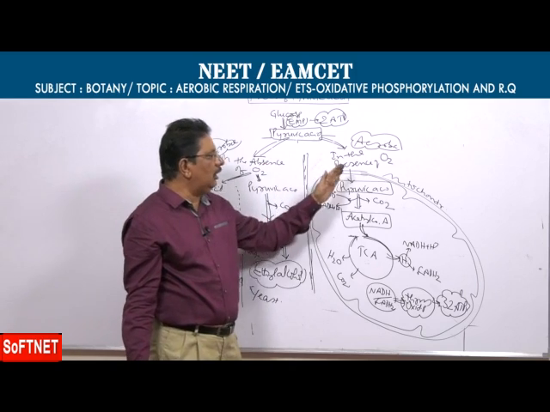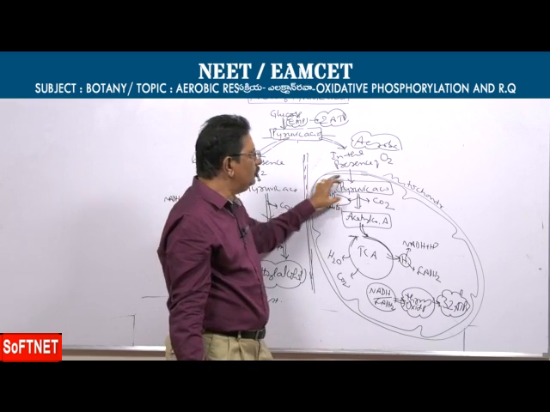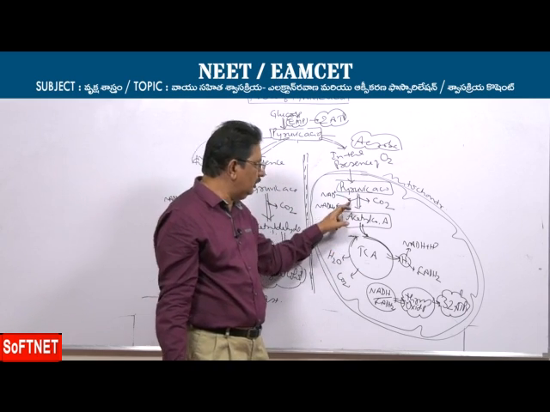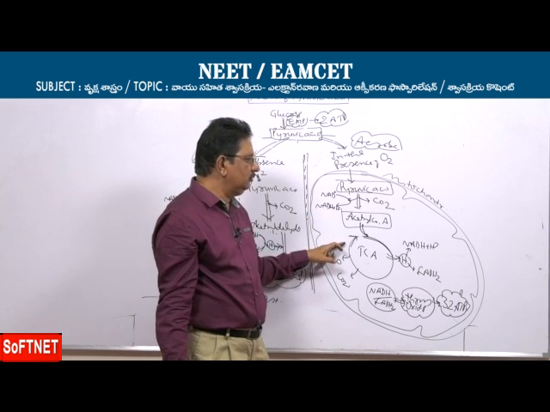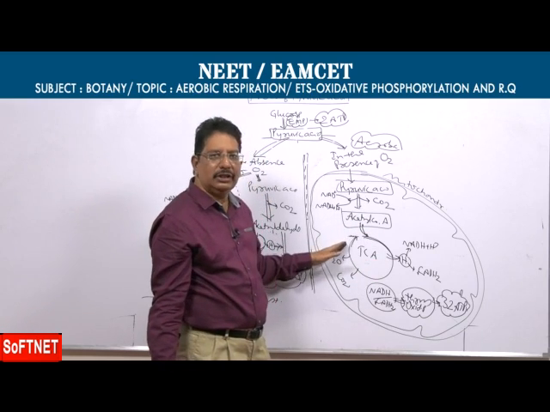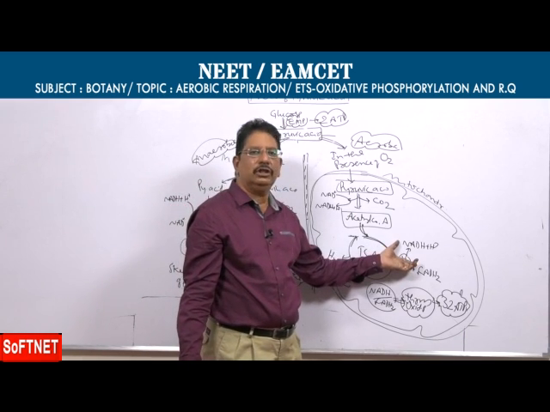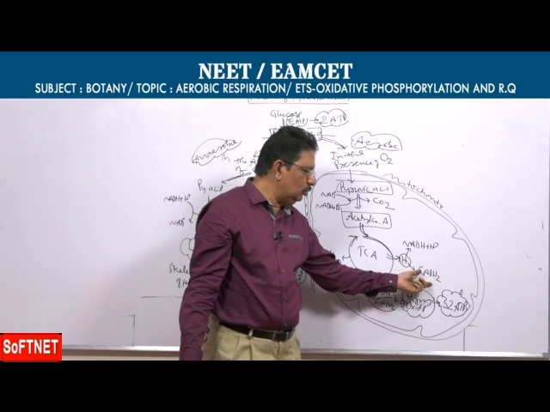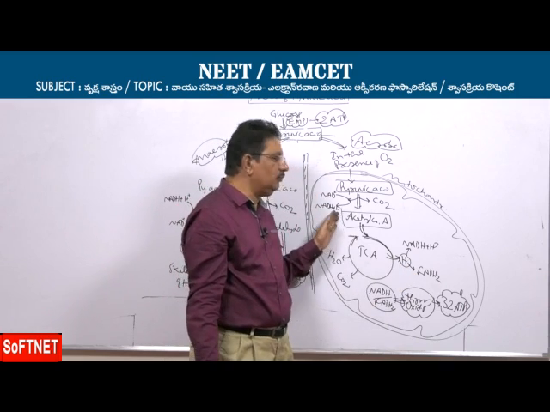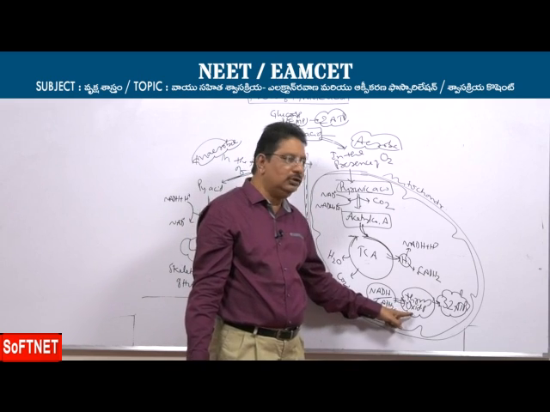But coming to the presence of oxygen, the pyruvic acid moves into mitochondria, converts into acetyl coenzyme A through link reaction, and then participates in TCA cycle, where it is completely oxidized and decarboxylated into water and carbon dioxide, and a good amount of NADH and FADH2 is formed. All these NADH and FADH2 formed in mitochondria undergo oxidation through ETS.